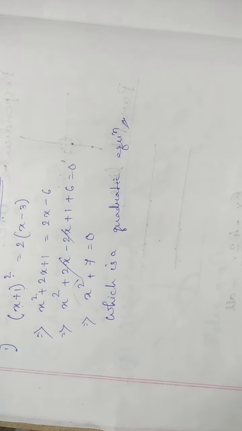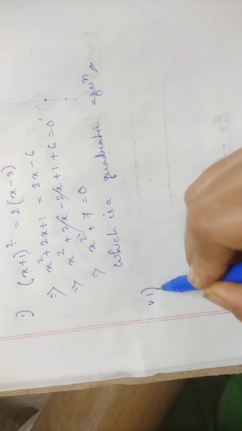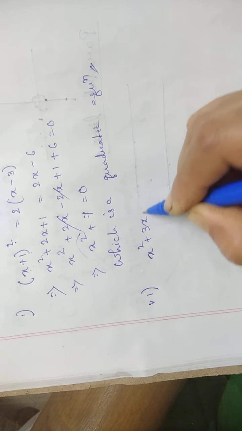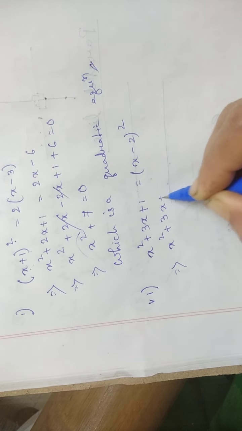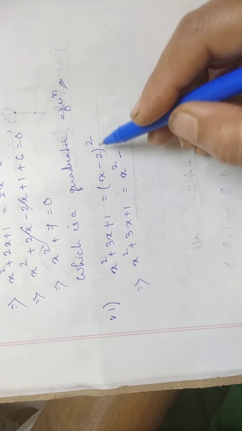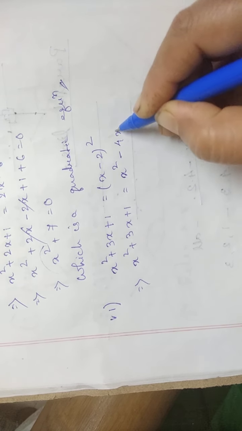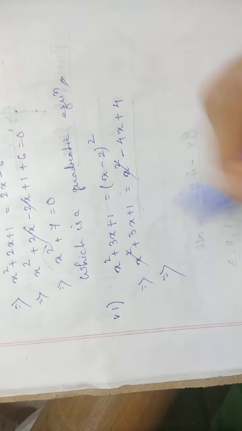Okay. Now see another example, number 6. x square plus thrice x plus 1 equal to x minus 2 whole square. x square plus thrice x plus 1 equal to x square plus a square minus twice ab, so x square minus 4x plus 4. x square cancel.